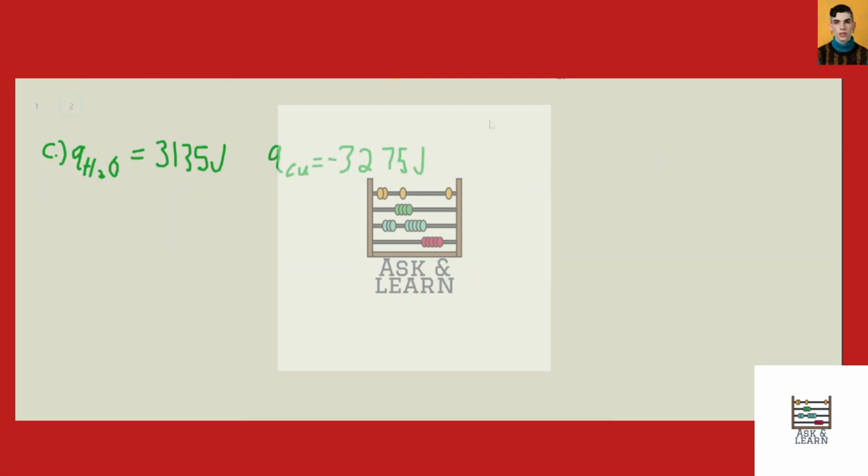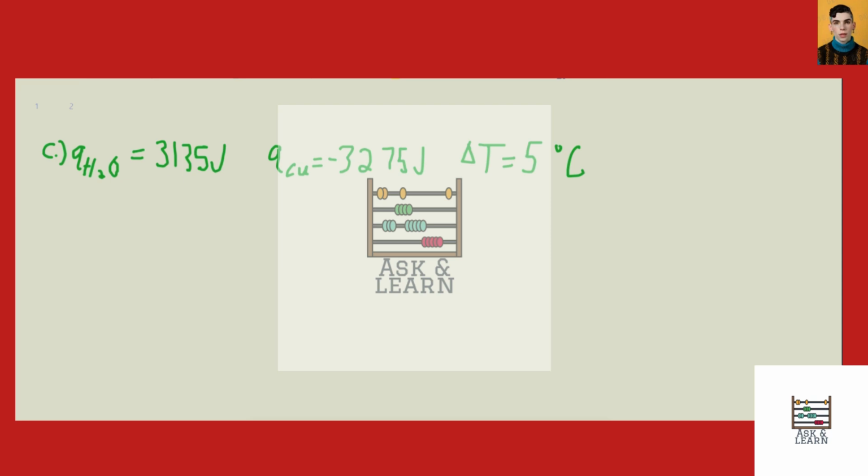Now, for the delta T in this case, we're only going to focus on the actual temperature increase of the water, which is going to be 5 degrees Celsius, since our calorimeter is filled with water, that's the medium we're focusing on.